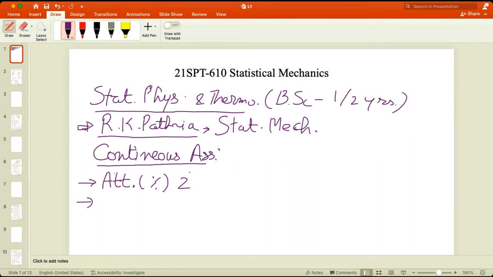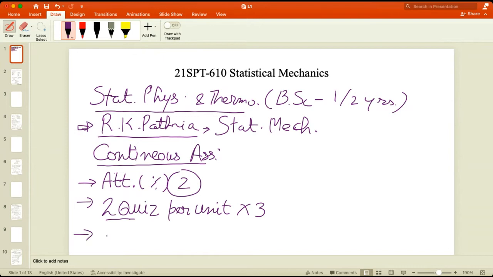Then we are also going to conduct quizzes, 2 per unit. I will announce the dates well in advance. Because there are 3 units, we will have 6 tests, roughly at alternate weeks.